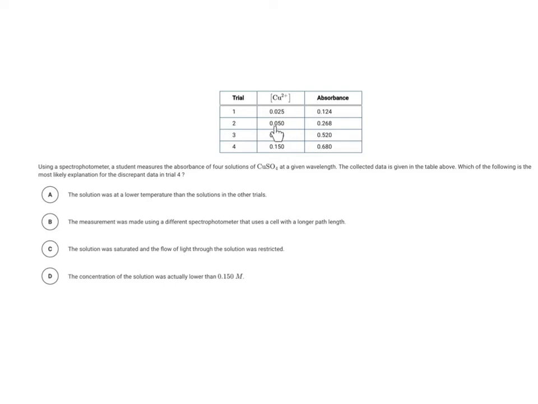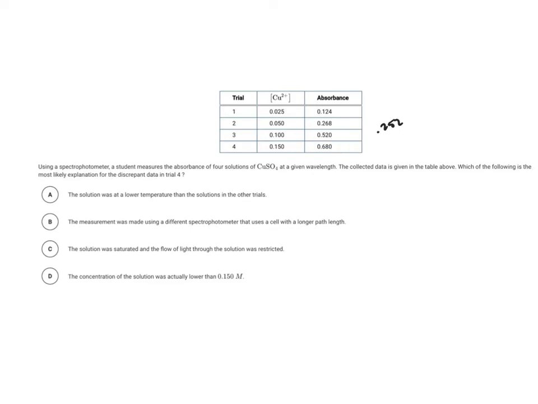Now it goes up from 0.05 to 0.10, and the change in absorbance is found by taking 0.520 and subtracting 0.268. And that difference is 0.252. Now, if that's the case, then when you go from 0.1 to 0.15, you should increase by 0.252.